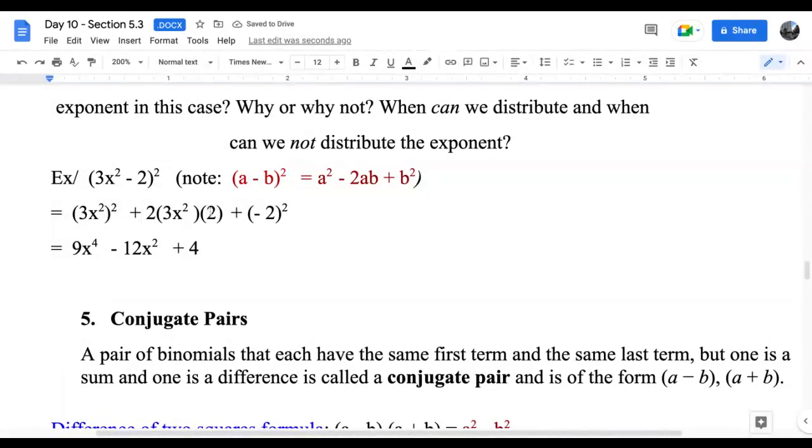So double the product of those two terms. If we simplify it, we get 9x squared minus 12x plus 4. Anyone has any question?